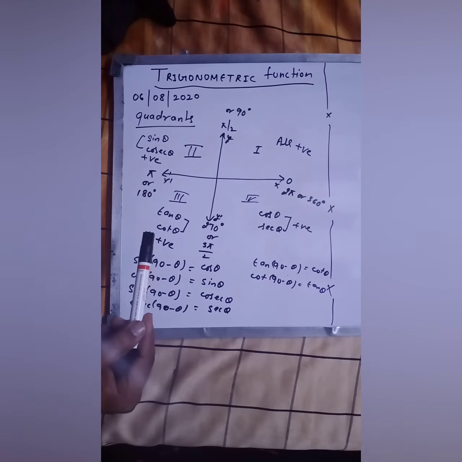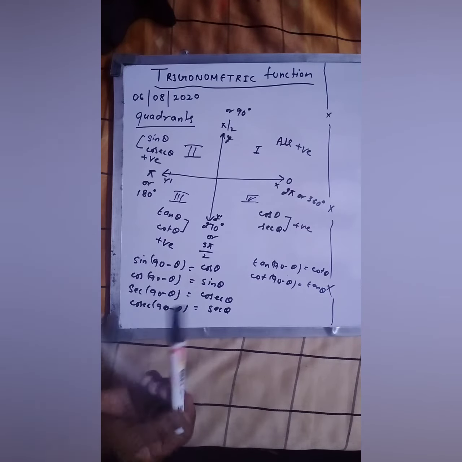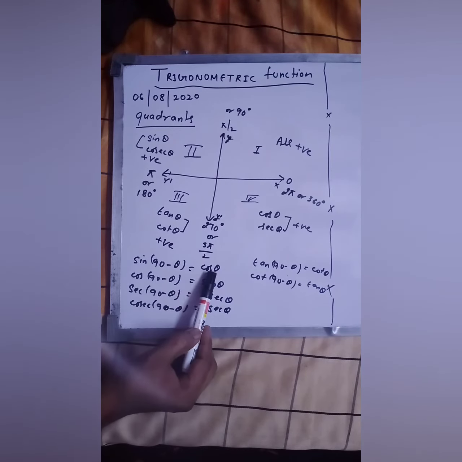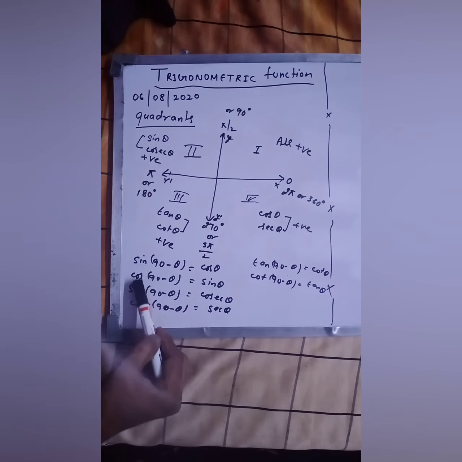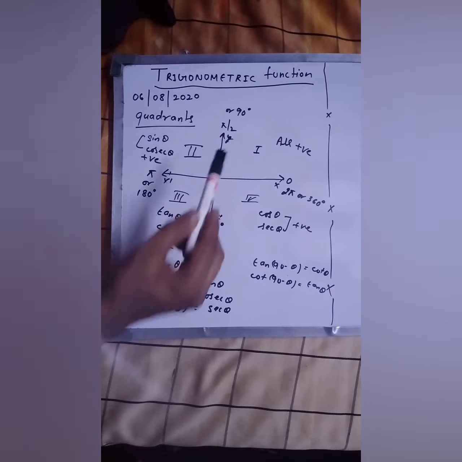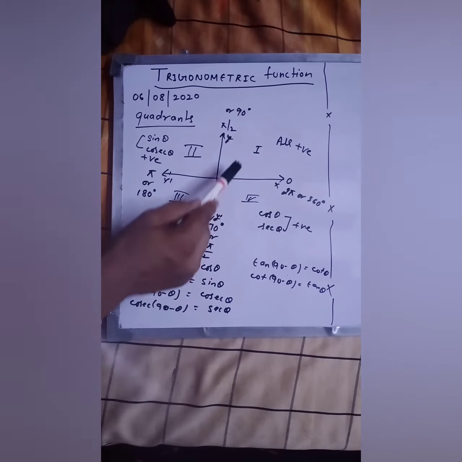So that's why for sine 90 minus theta you are getting positive cos theta. Similarly, all the trigonometric functions are positive, because all are 90 minus theta, which means they are lying in the first quadrant.